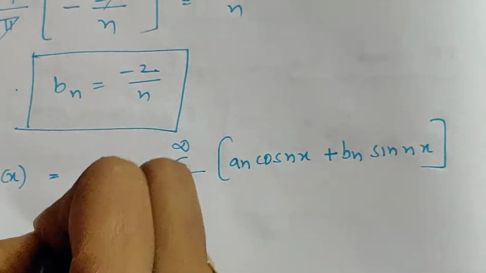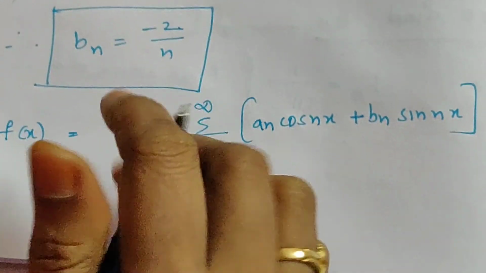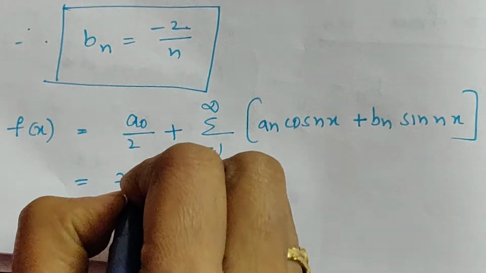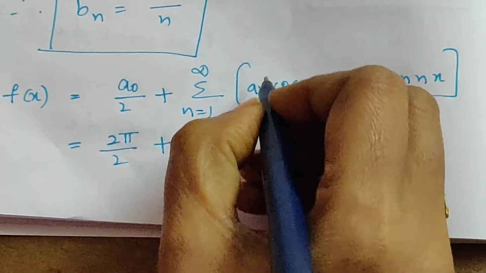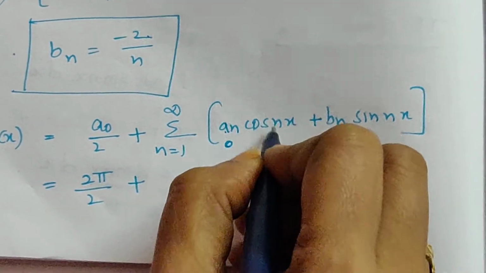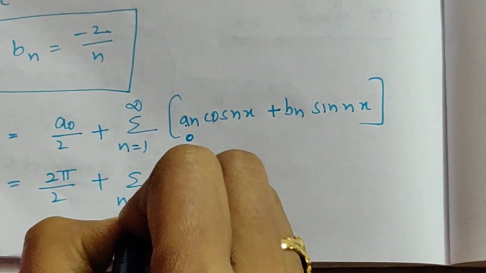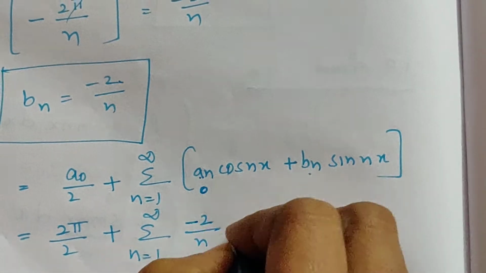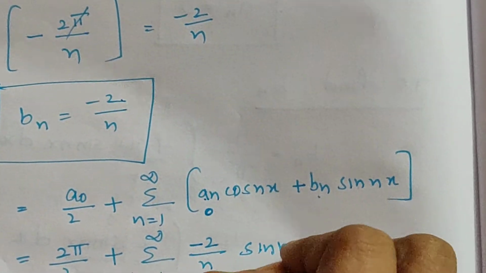This is the formula. Substitute: a naught equal to 2π, so 2π by 2. And an value is 0, so 0 into cos nx is 0. n equal to 1 to infinity, bn value minus 2 by n sin nx.